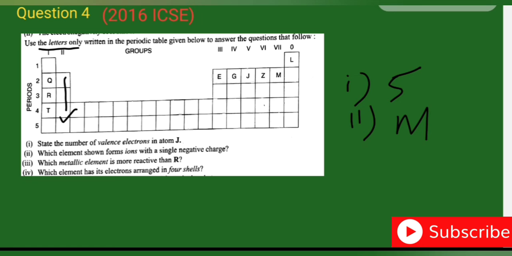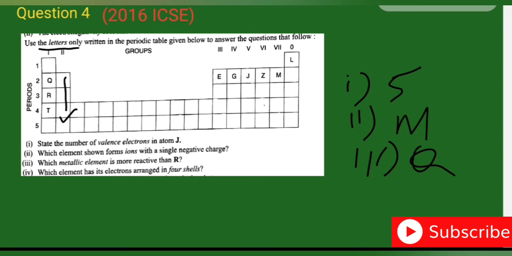When we move down the group, the metallic character increases, and for the metals which are present below, the reactivity also decreases. Okay. So you can write Q is more reactive than R. So this is your answer: Q.